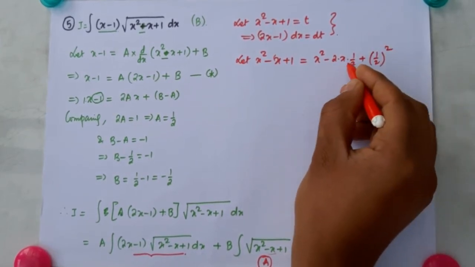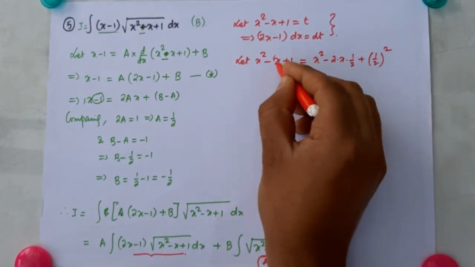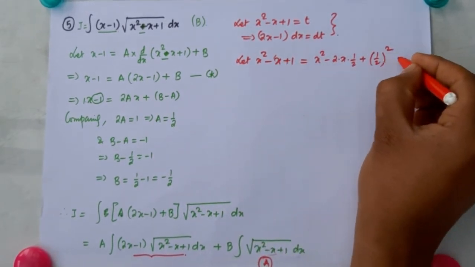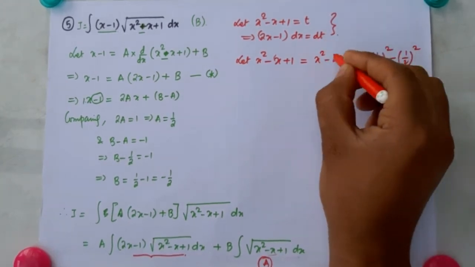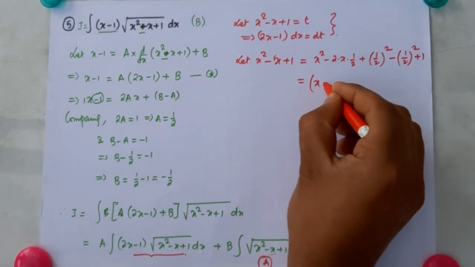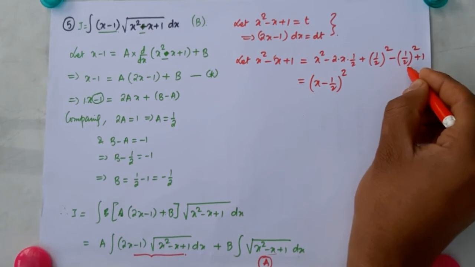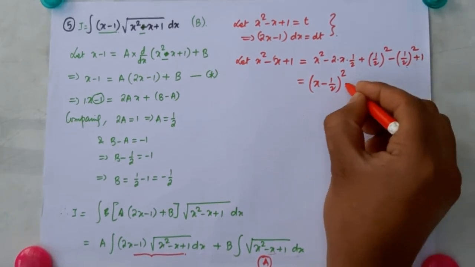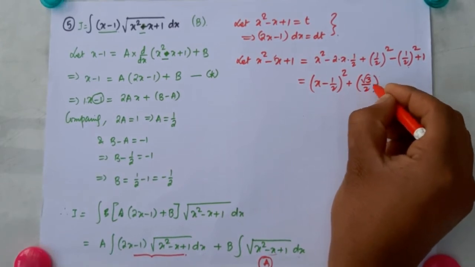Yes, so I have to put b as 1 by 2 because I have to get x only. So this is your extra, so we'll subtract this, and we have plus 1 also, isn't it? So this can be written as x minus half whole square, plus minus 1 by 4 plus 1, which is plus 3 by 4, isn't it? So 3 by 4 can be written as root 3 by 2 whole square.